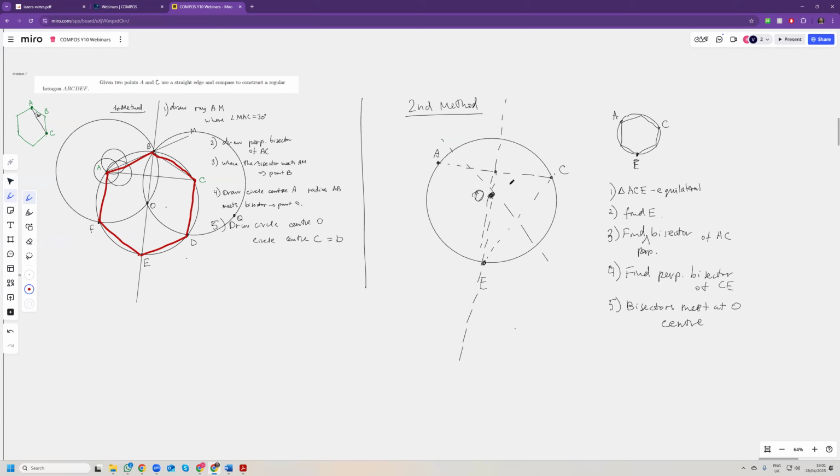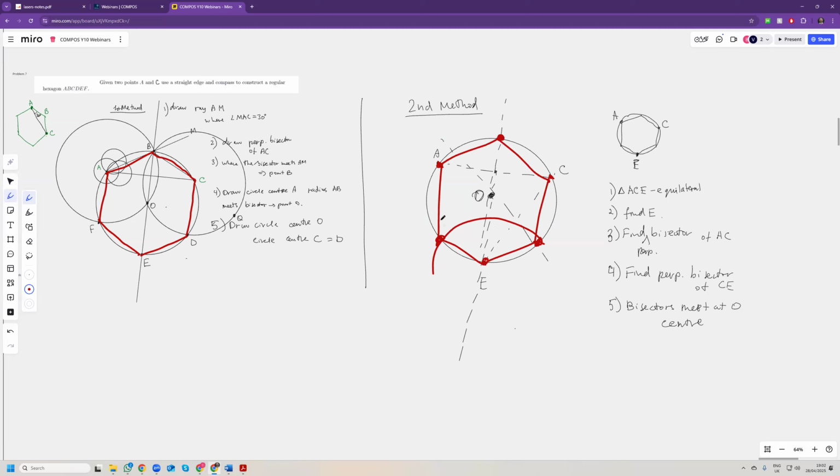And so you have A, C, and E. Then you just draw a circle of center A to find this point. Oh, this point you already have. And then you just need to find two more points. You have this point, and then you draw a circle around E to find this point. And then you have the hexagon.